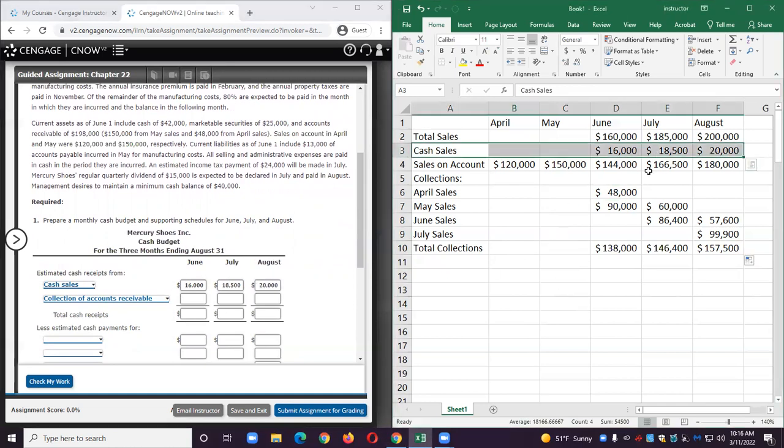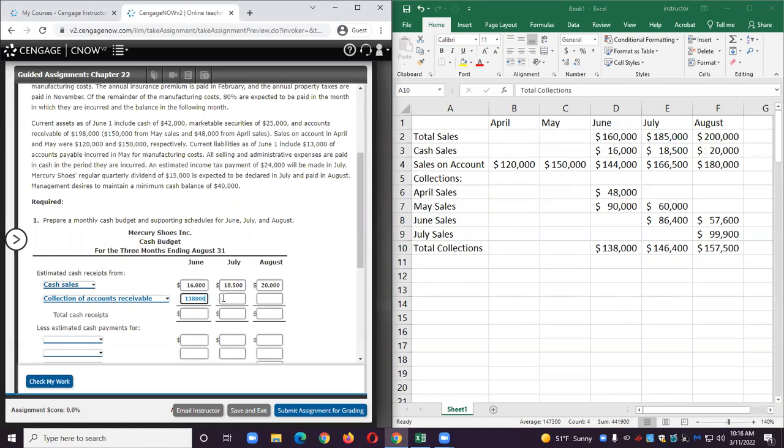Right, I figured those out up here. And then my collections on accounts receivable are the ones I figured out right here. So 138,000, 46,400.